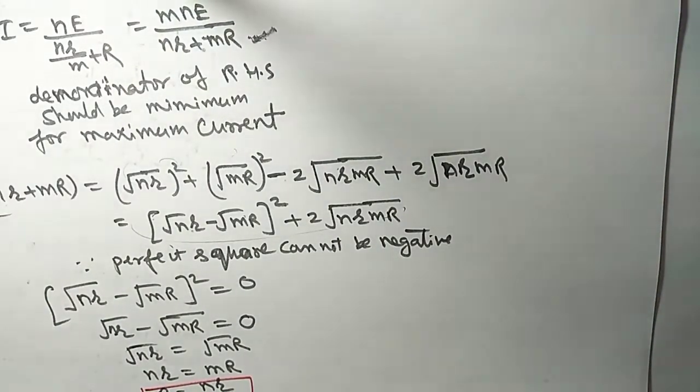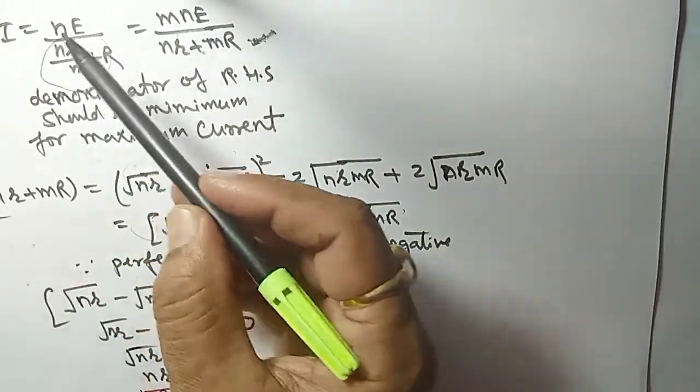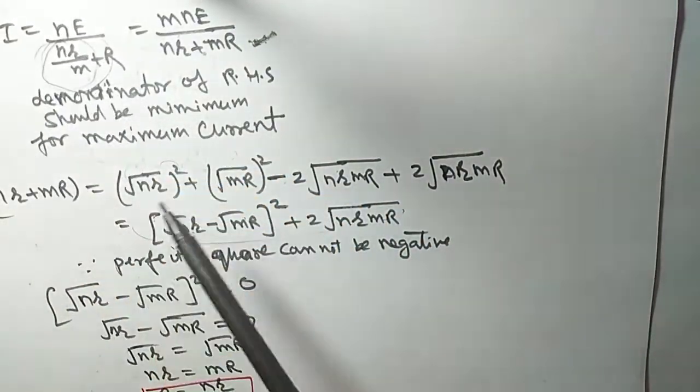You can see it is the total internal resistance.